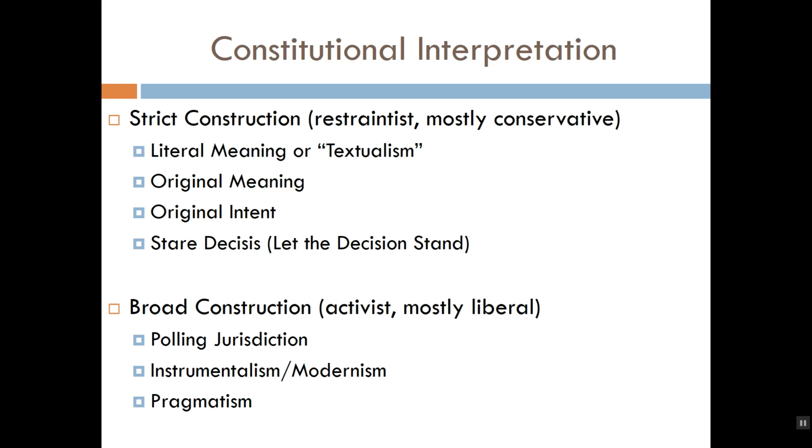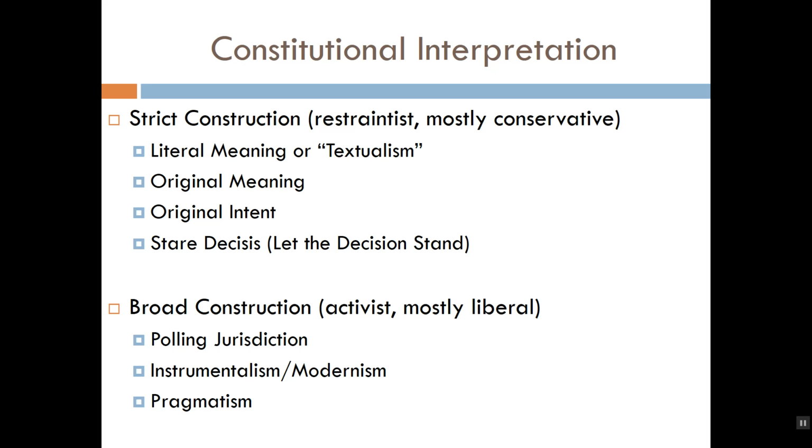So, for example, the term press at the time that the Constitution was written referred to any media that was produced en masse by a literal printing press. And so if we took a very, very strict approach to the original meaning interpretation, then we could not interpret the First Amendment freedom of the press to include modern forms of media like the internet or cable television.